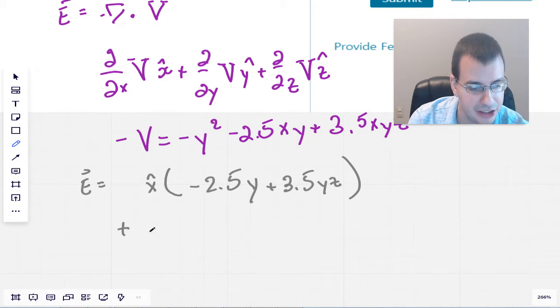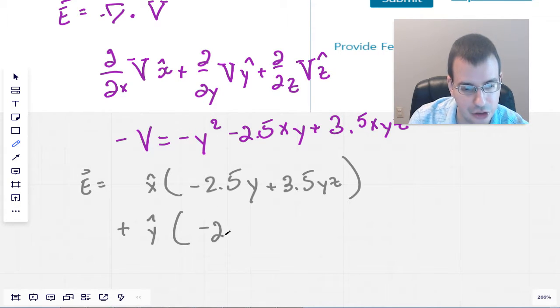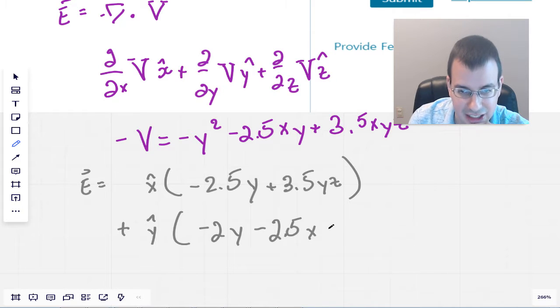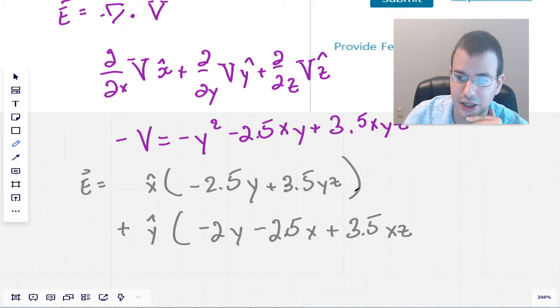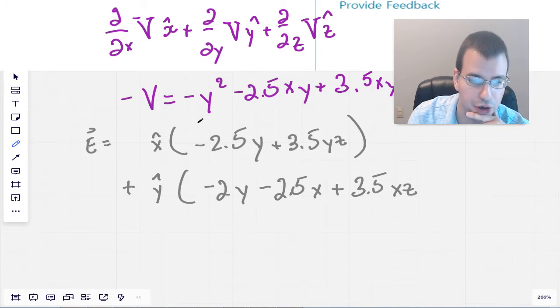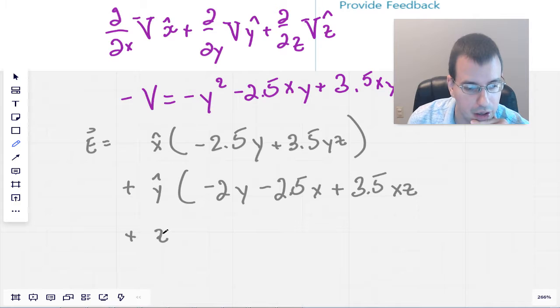Then we'll add the y component vector, so we'll have negative 2y, just negative 2y, no squared, minus 2.5x plus 3.5xz. Because this is y to the first, the derivative of y to the first with respect to y is just 1, or 1 times y to the 0, which is again 1.